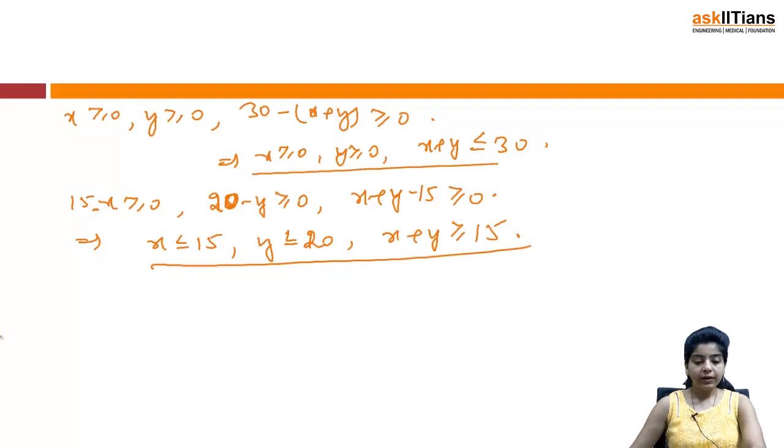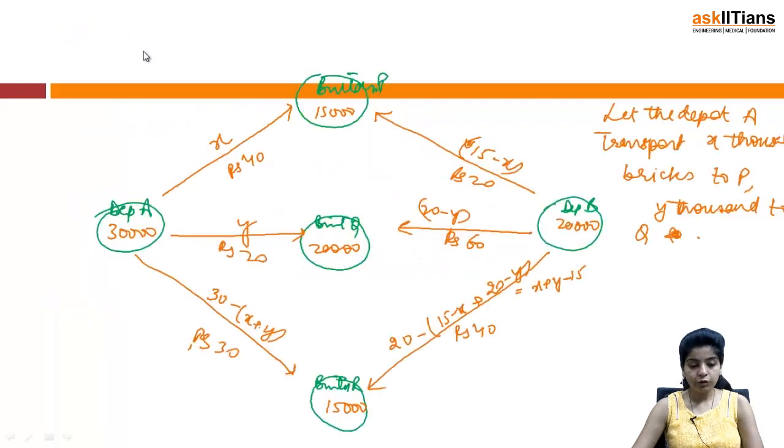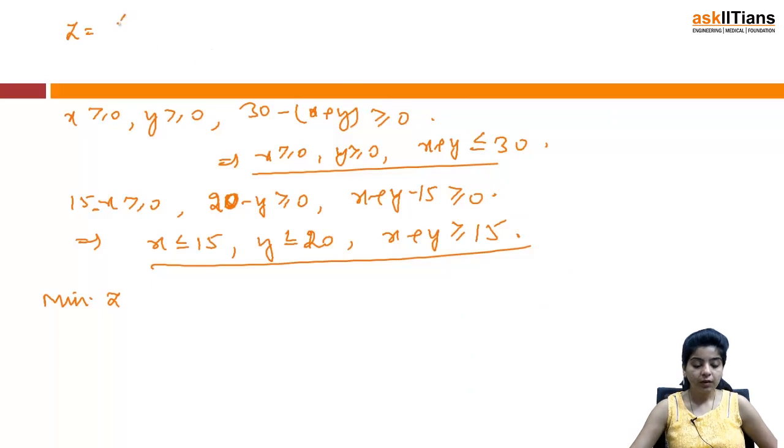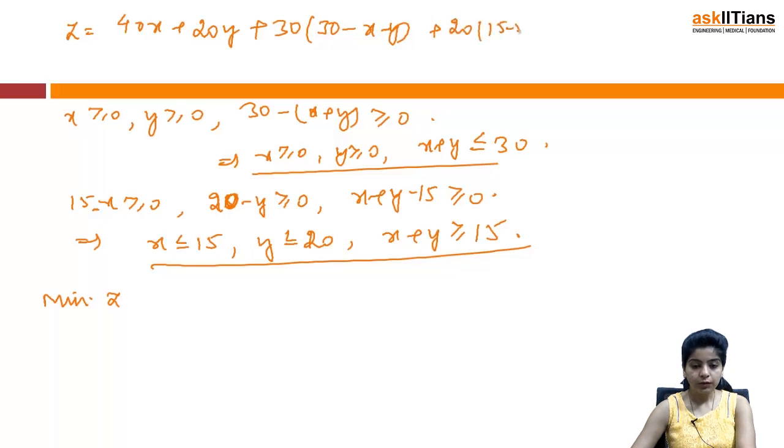Then we have the objective function, minimize z, which is 40x plus 20y plus 30 into (30 minus x plus y), plus 20 into (15 minus x), plus 60 into (20 minus y), plus 40 into (x plus y minus 15).